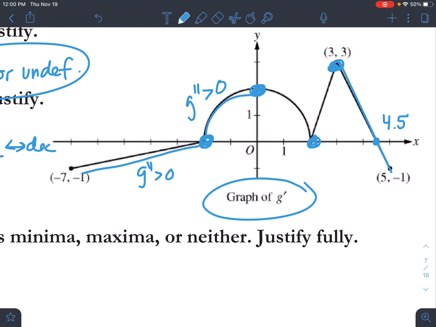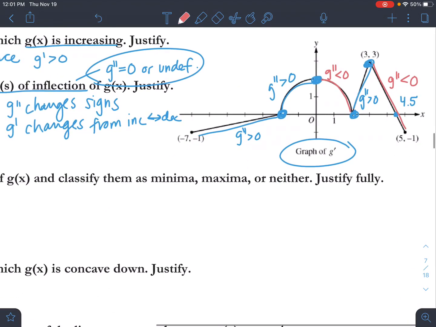All right, then on this side, this would be a negative slope, aka g double prime is negative. This would be back to positive slope. g double prime is positive. And this guy I'm going to make into that pink color because this is also g prime is decreasing, aka g double prime is negative.